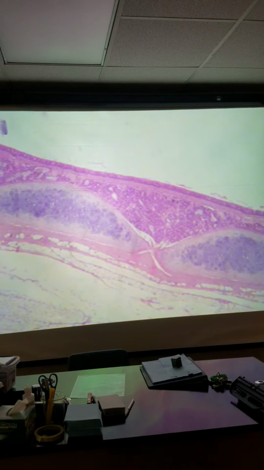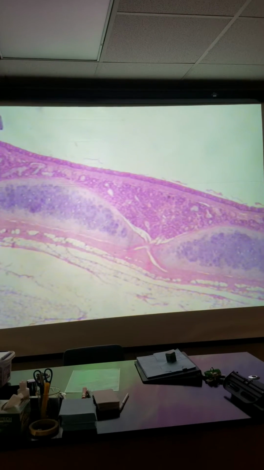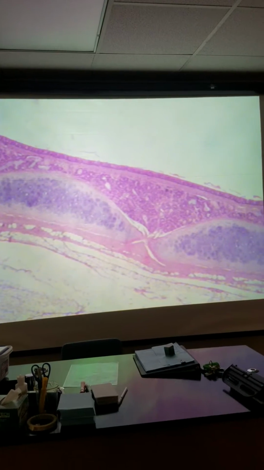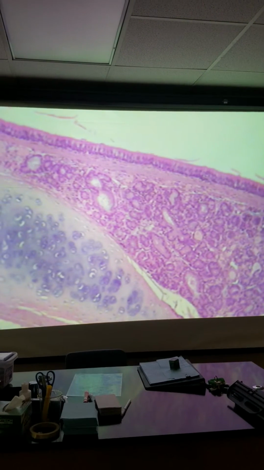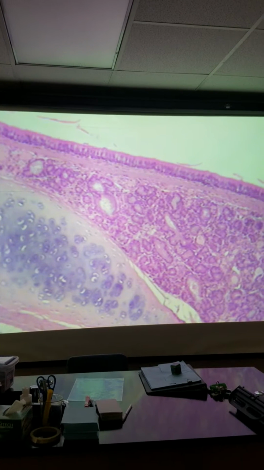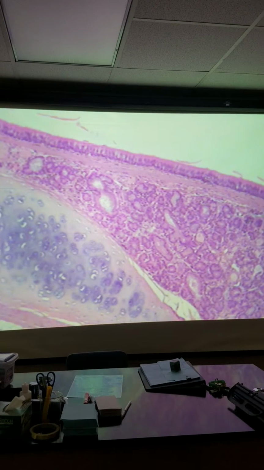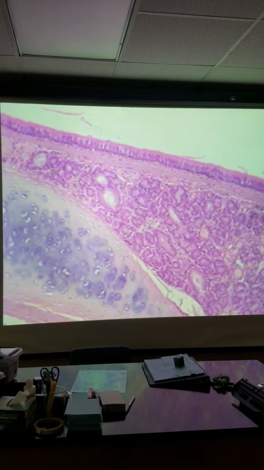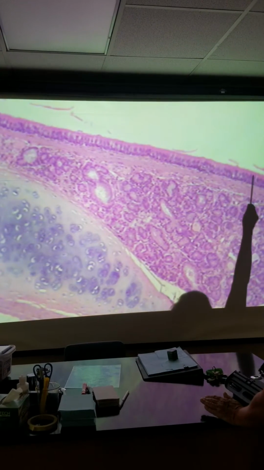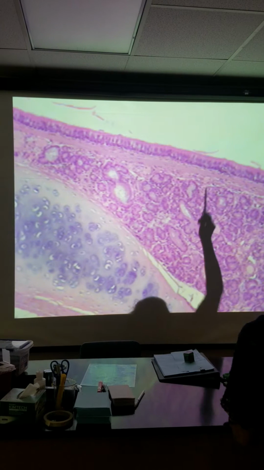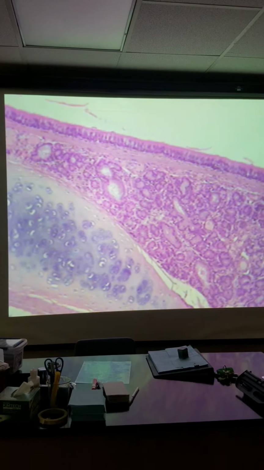Right, so if I magnify that and I'm going to go to low power, we'll be able to see a little bit better the tissues that constitute each layer. Back of the area will look different than when you're close. Okay, so this layer here, this is your mucosa, and the tissue is pseudostratified ciliated columnar epithelial tissue.